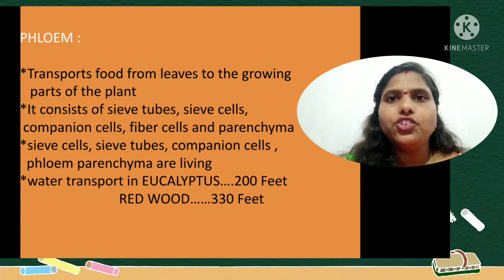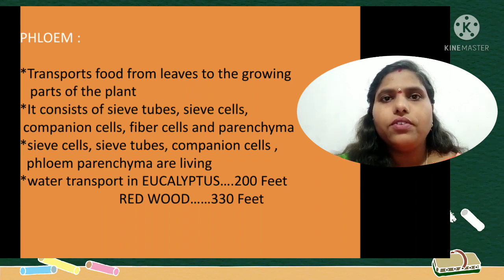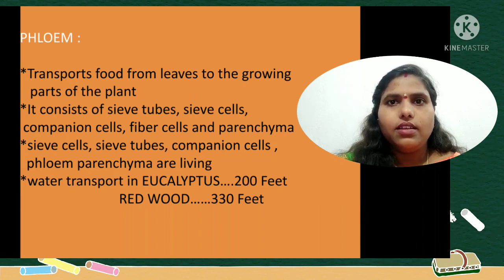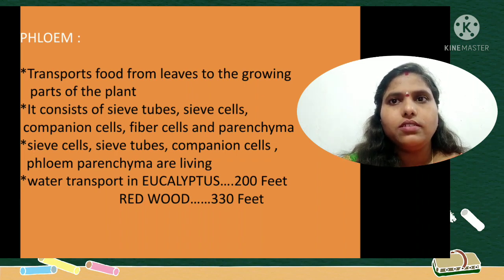The next vascular tissue is phloem. Phloem is for the conduction of food material from the leaves to the other parts of the plant. It consists of sieve tubes, sieve cells, companion cells, etc. Fiber cells and parenchymal cells are also present.